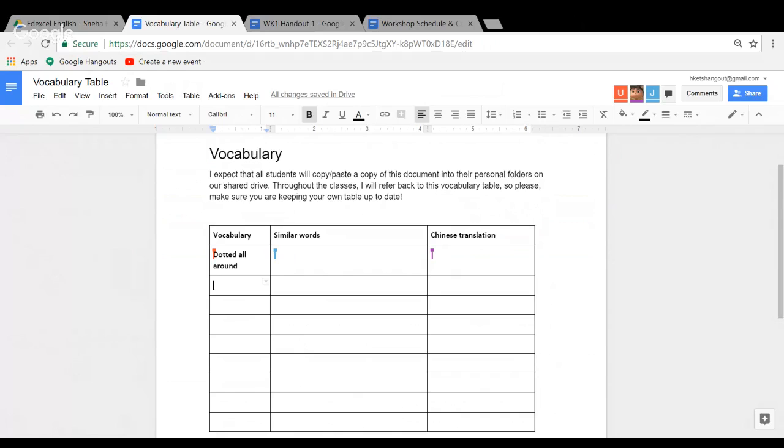What I would like, actually, let's do this in teams. I'll give you two. Jenny and Ursula, the two of you can work on dotted all around, and then the two of you on this side, Susanna and Cherry, can work on, let's find something. No, I don't like that.